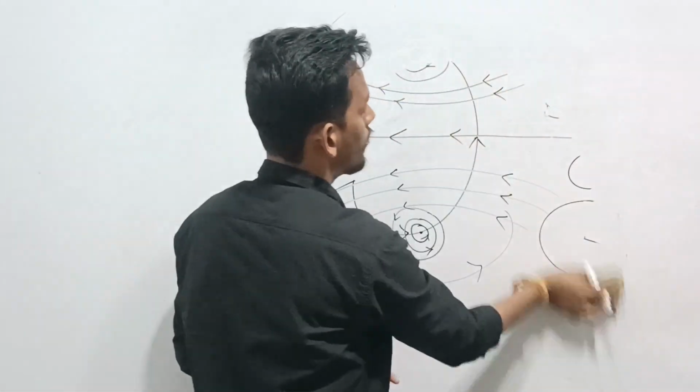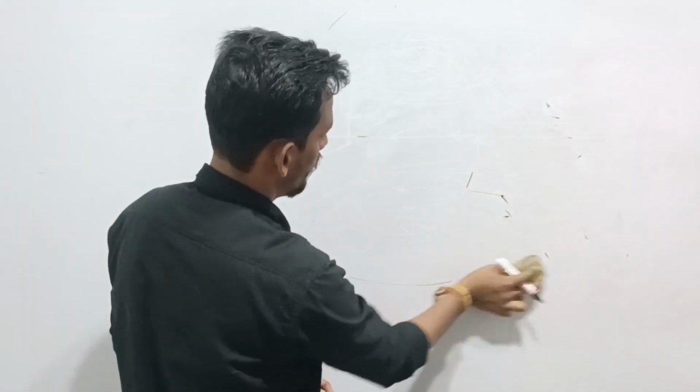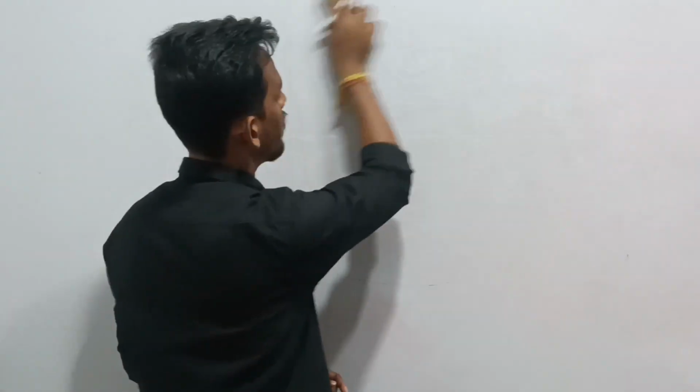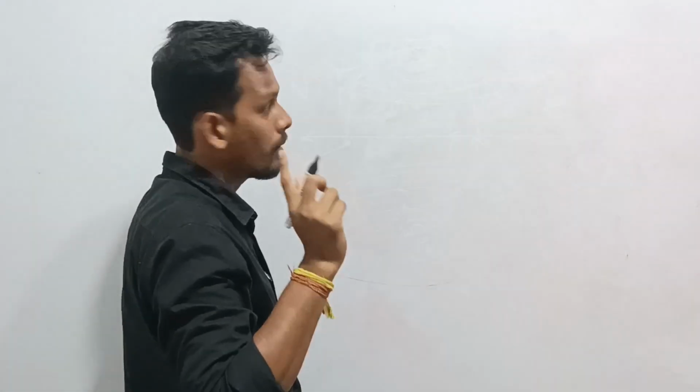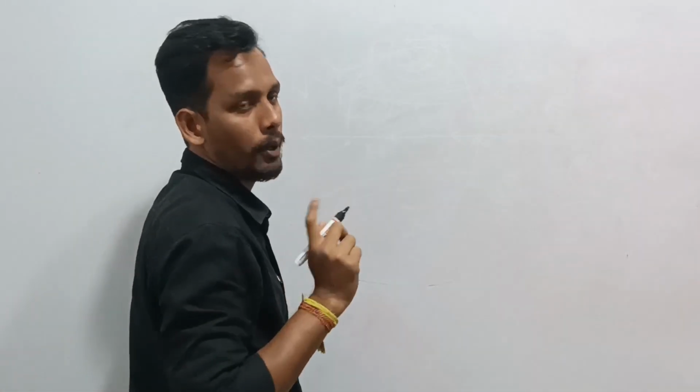Next we will see the case of a solenoid. Now the first question is, what is a solenoid? A solenoid is also a loop. So you can also prepare the solenoid. You can take a copper wire. Remember, you have to take insulated copper wire.